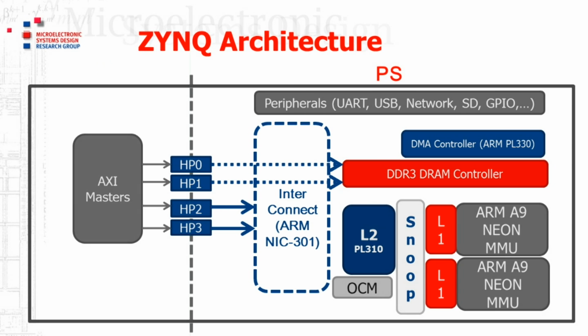These high-performance AXI slave interfaces will be driven by the AXI masters that you develop inside the FPGA part of the ZYNQ. You may ask yourself, what is AXI? If you don't know what AXI is, you can simply search, for example, on YouTube, what is AXI, and you will have your answer through the other videos that we have produced.